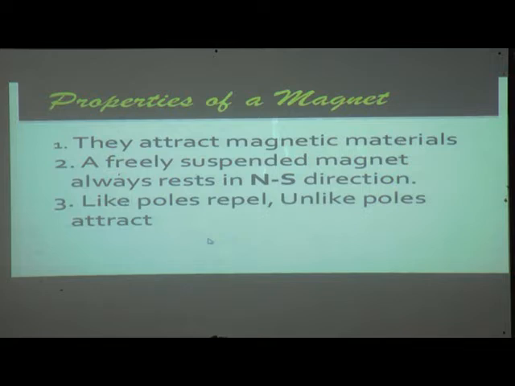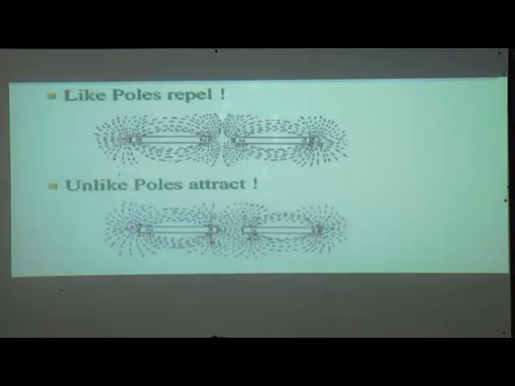So these are the properties of magnets. Like poles are given here and unlike poles are given here. So here you can see two magnets we have taken. This is a south pole, this is a north pole, and another magnet we also keep closer to this magnet. This north pole, another one is a north pole and this is a south pole. So these north poles are not going to attract each other, they are going to repel, okay.